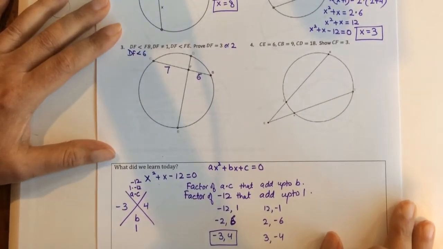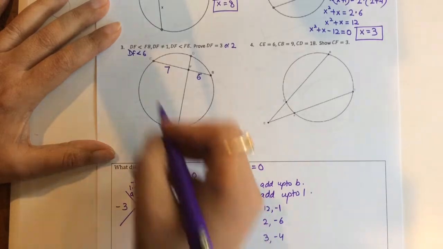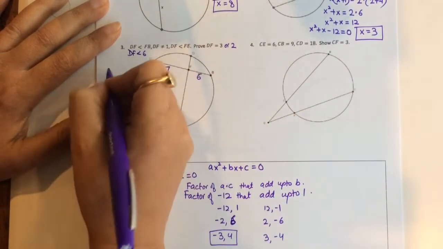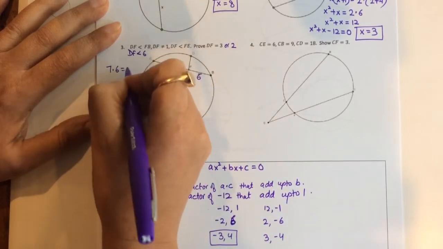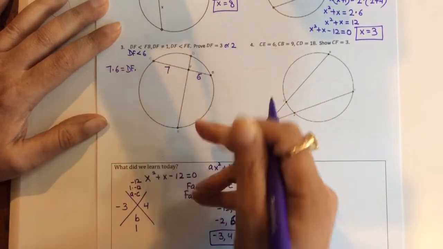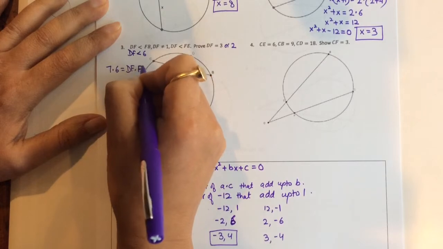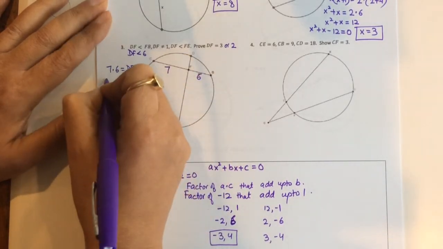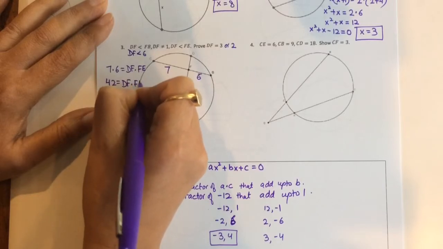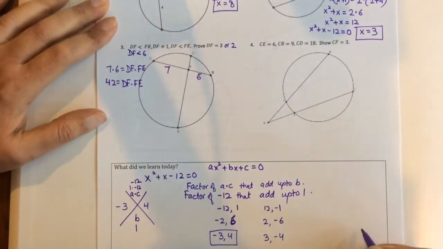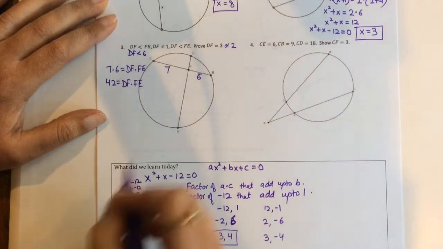So using the first theorem that we learned today, I know that 7 times 6 should equal DF times FE. So in a sense, DF times FE should equal 42. So let's look at what are the factors of 42.